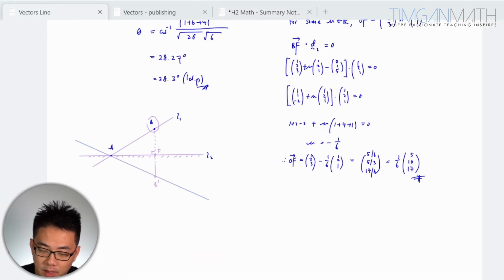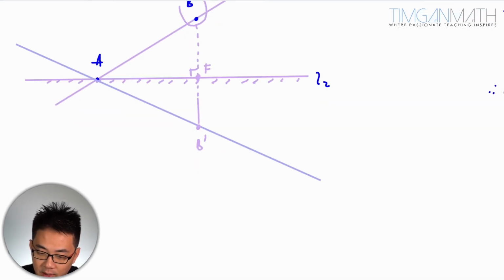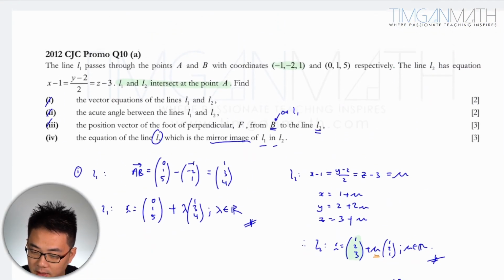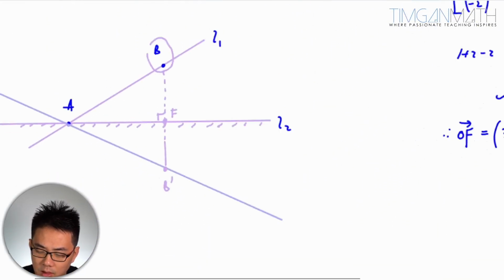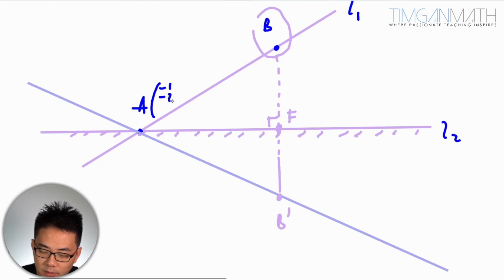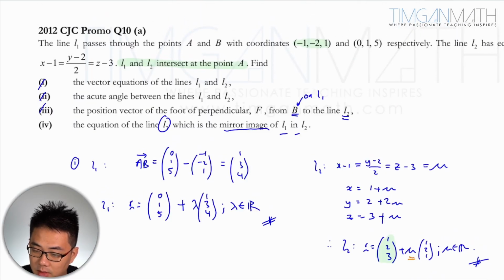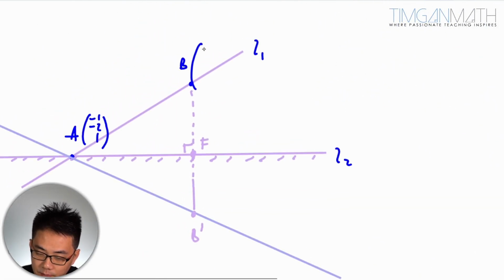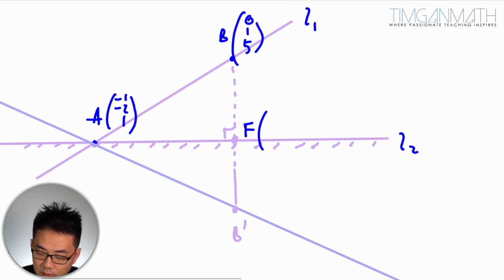Okay, so I repeat, you have to find, now the thing is, because we already have A, which is where they intersect. A is -1, -2, 1. B is actually 0, 1, 5. Then F here is actually 1/6 (5, 10, 17).